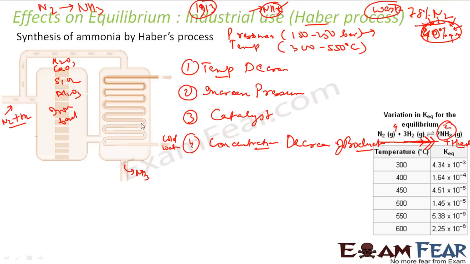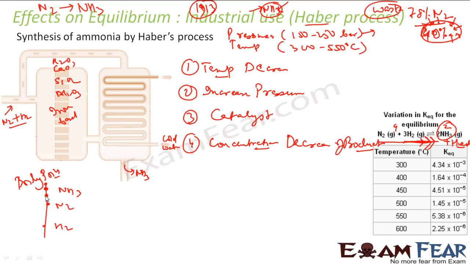And how do we separate this ammonia? See, we know that, I'll talk about the boiling point. Boiling point. So I have here ammonia has the highest boiling point, and then we have nitrogen gas, and then I have hydrogen gas. Now, if my temperature is, let's suppose here, everything is in the gas form.